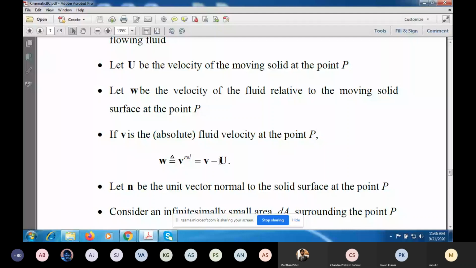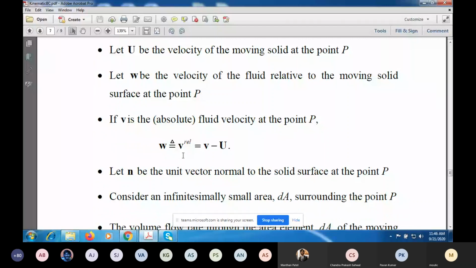Now, writing subscripts and superscripts makes the notation cumbersome, so we'll use a subscript-free notation which I'll call W vector. So I'm using V for the absolute velocity, W for the relative velocity, and capital U for the velocity of the solid. So if I want the velocity of the fluid relative to the moving solid, I have to subtract the velocity of the solid from the velocity of the fluid, and I get the relative velocity.